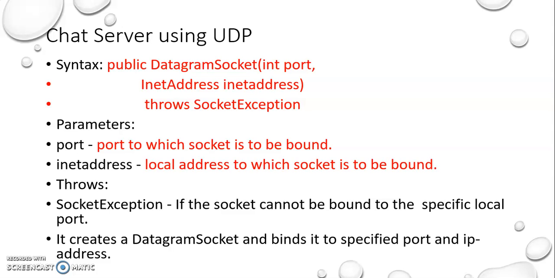So otherwise it would have been incorporating the INET address along with the port number. So it also throws the SocketException. So it creates a datagram socket and binds it to the port and IP address.